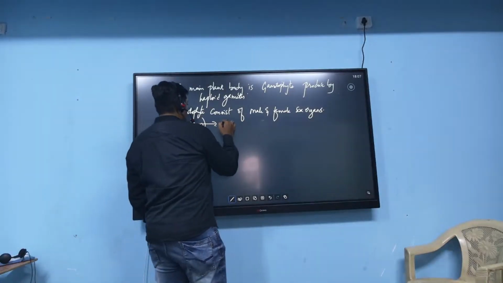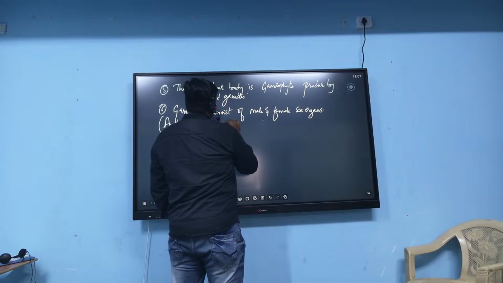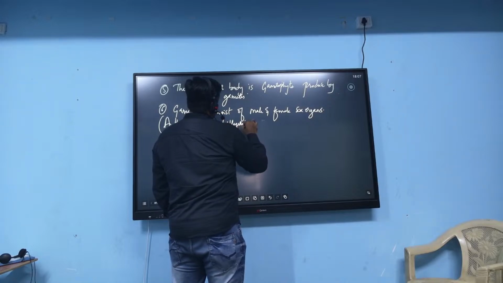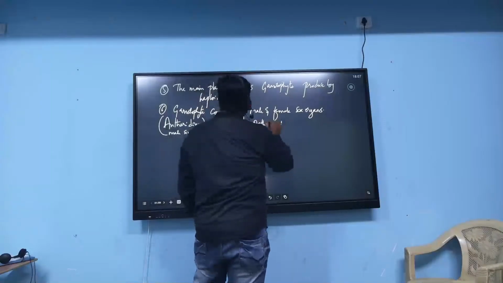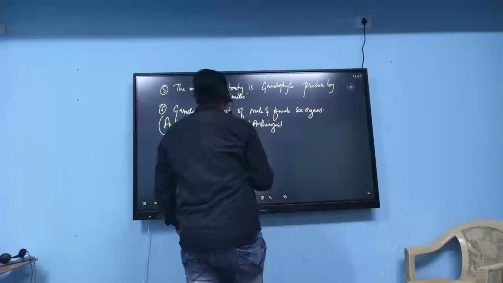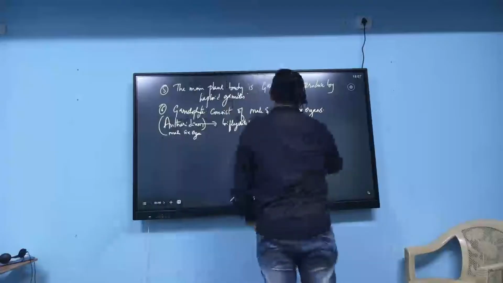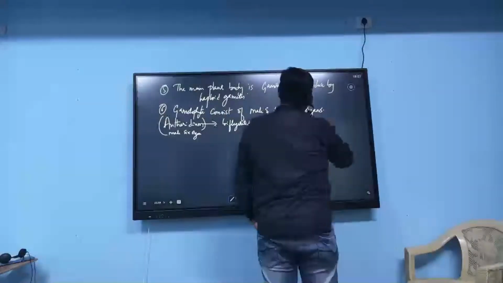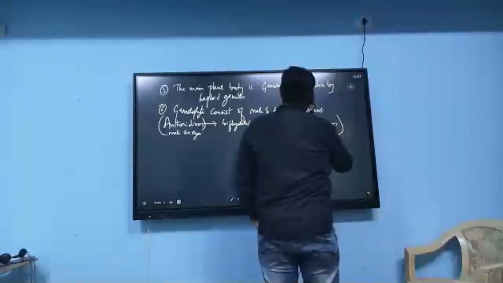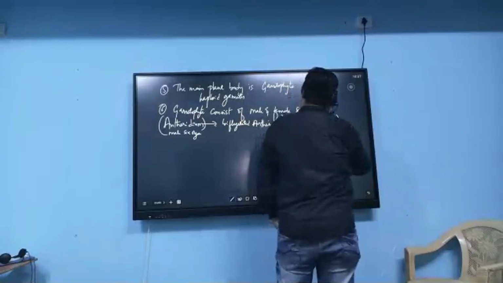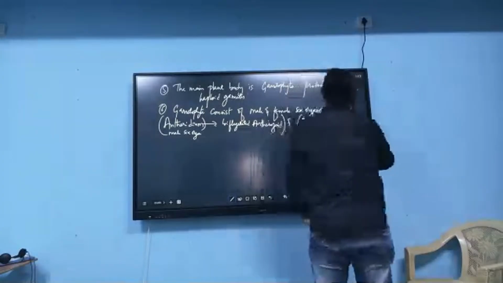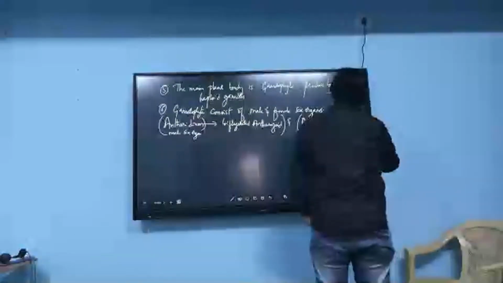Archegonium is the female sex organ, which produces the egg or ovum.